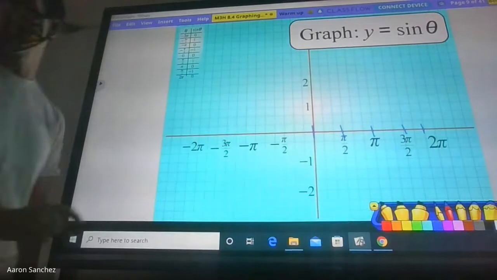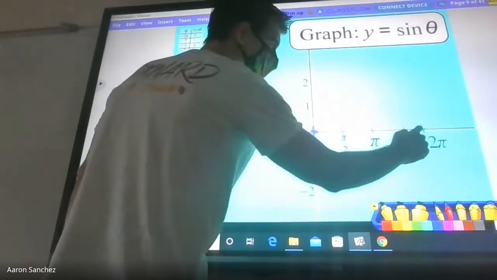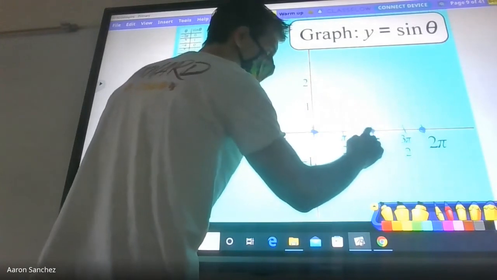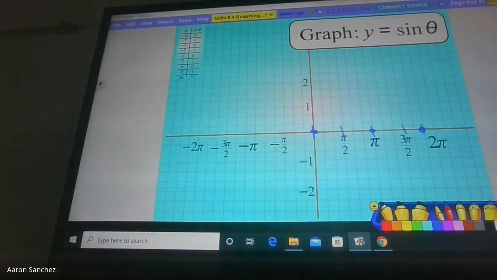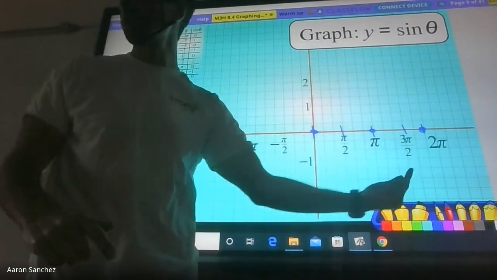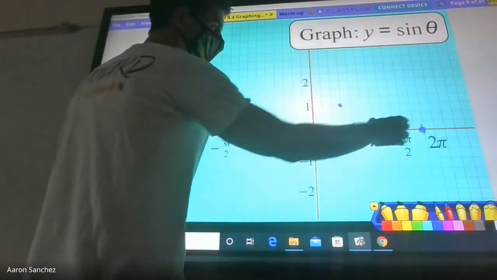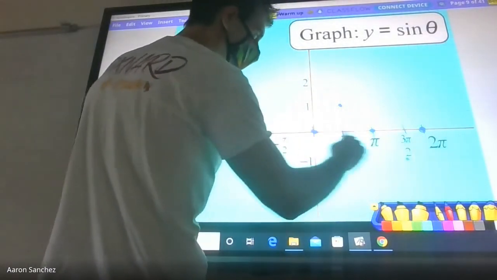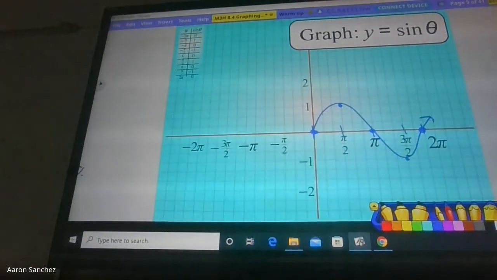First is 0, last is 0, and middle is 0 for sine. Got it? And then the one in between the first and middle goes above. The one in between the middle and last goes below. And that's all you've got to do.